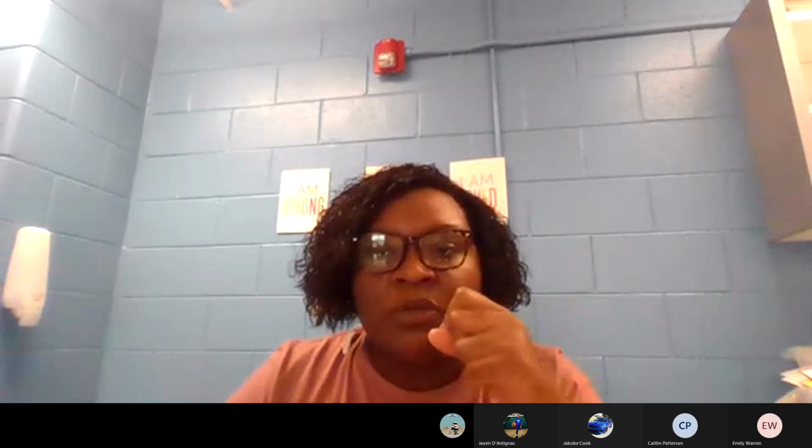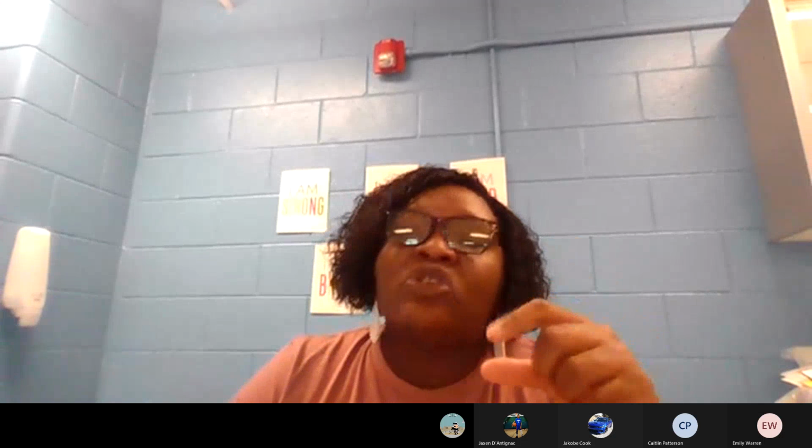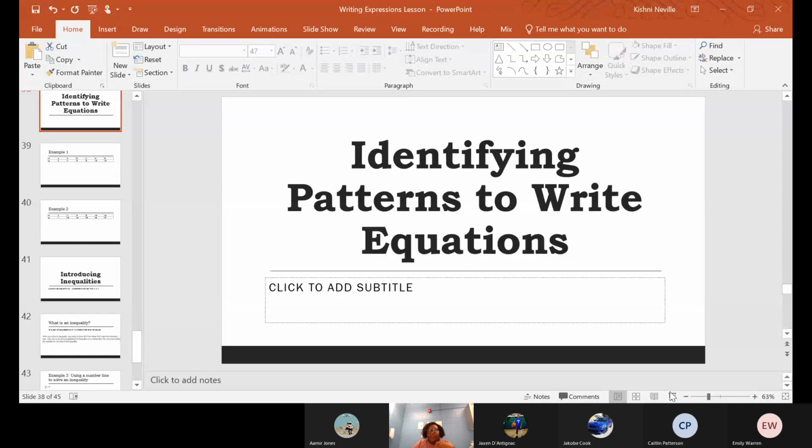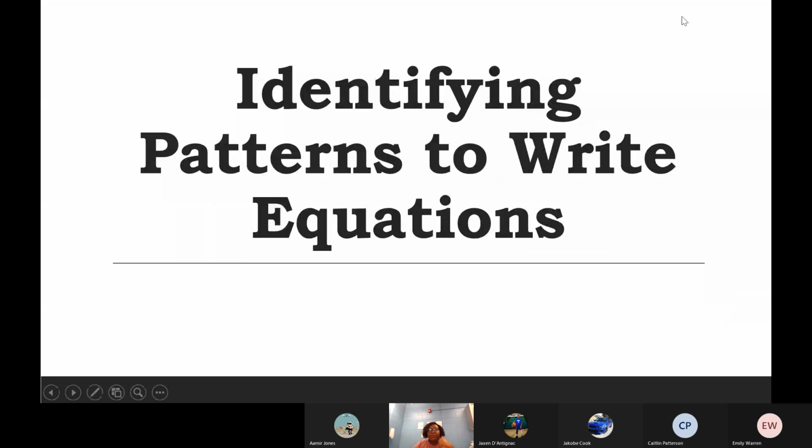So I wanted to reteach something that I taught you yesterday because we started really tough when we should have gone much easier in the beginning. So let's take another crack at identifying patterns to write equations.